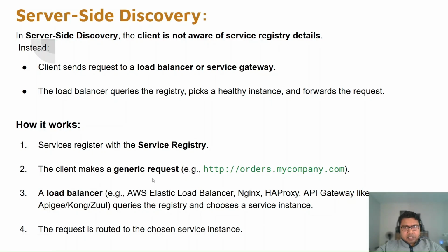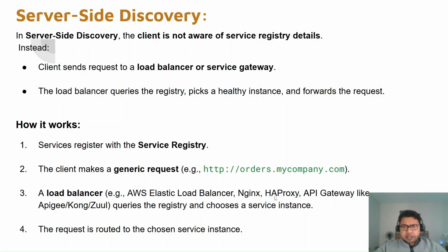The client makes a generic request like this one, orders.mycompany.com. The load balancer may be AWS Elastic Load Balancer, HAProxy, API gateway or Zuul, anything.